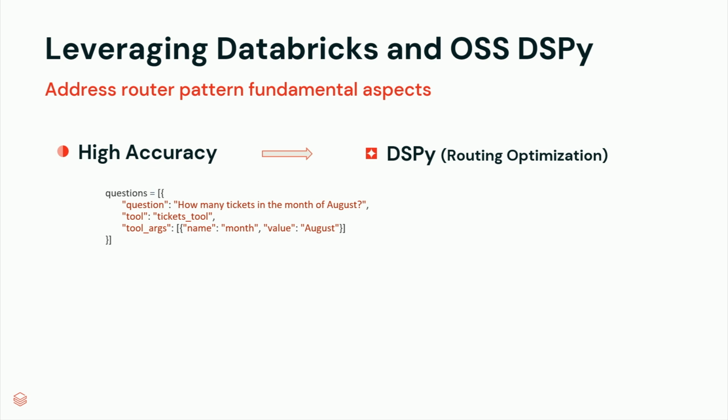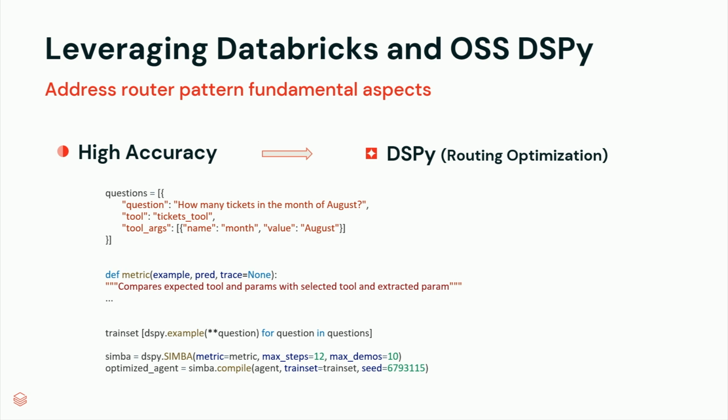I have a list of dictionaries with the question, and I know that for that question, the tool call should be the tickets tool, and the argument should be this one with this value. Then it's very easy to create an evaluation function, a metric, that receives the example and the prediction and just compares them. So it will be true if the name of the tool and the parameters are the expected ones. It will be false if not.